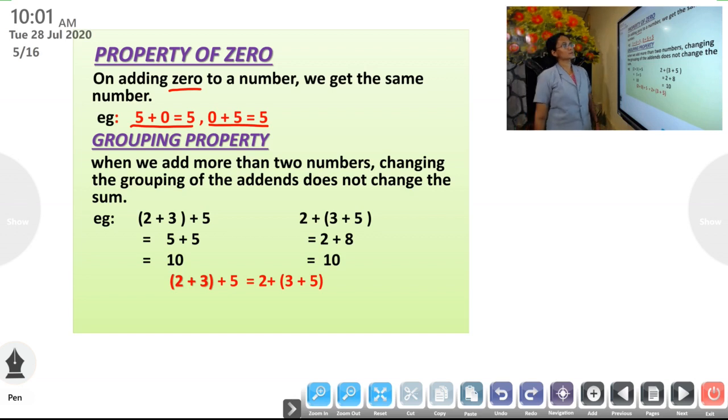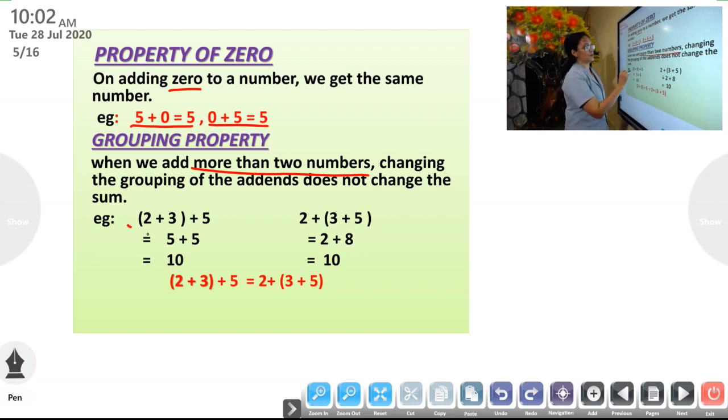Okay. Then the next property is grouping property. When we add more than two numbers, changing the grouping of the addends does not change the sum.